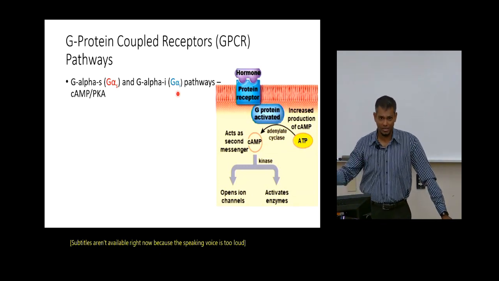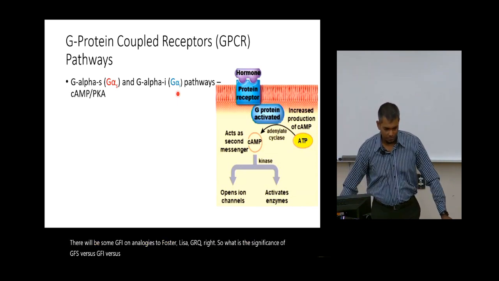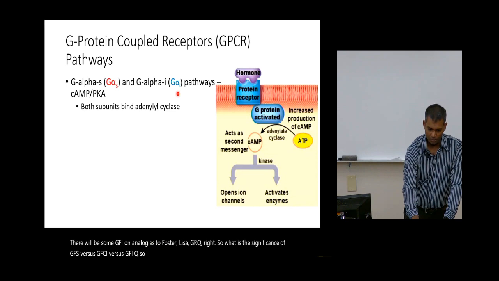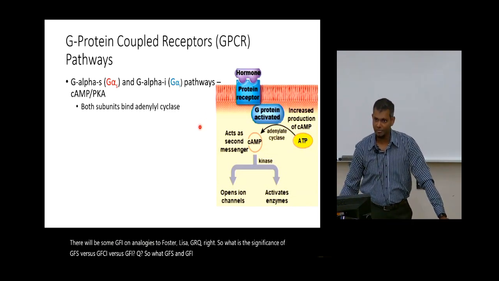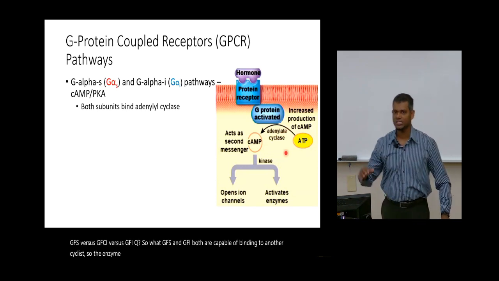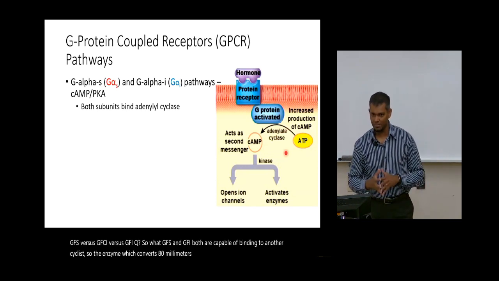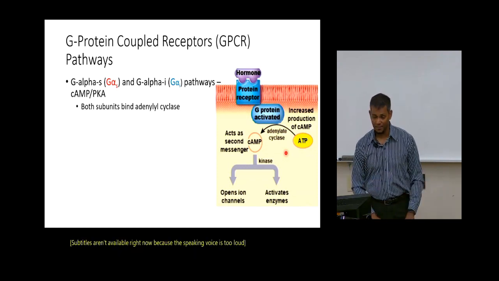So what is the significance of G-alpha S versus G-alpha I versus G-alpha Q? So both G-alpha S and G-alpha I are capable of binding to adenyl cyclase. So the enzyme which converts ATP into cyclic AMP can be bound by G-alpha S and G-alpha I.